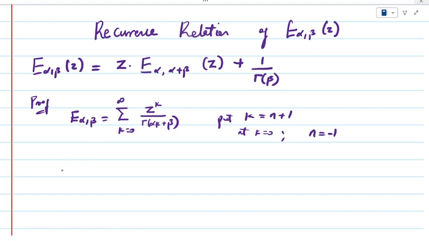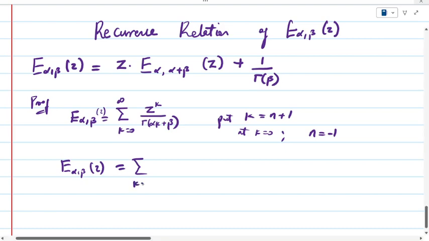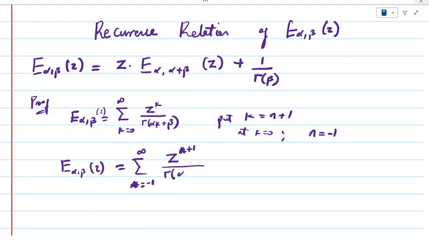So I substitute that into my Mittag-Leffler function. So you have n equals minus 1 to infinity, z^k, sorry, that will be z^(n+1), over gamma of (alpha (n plus 1) plus beta).